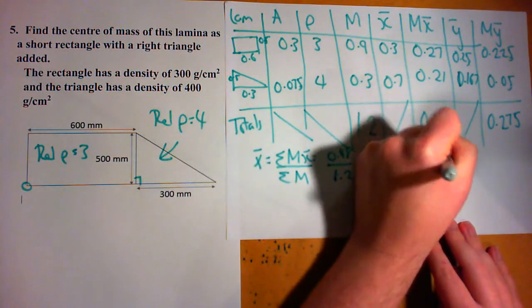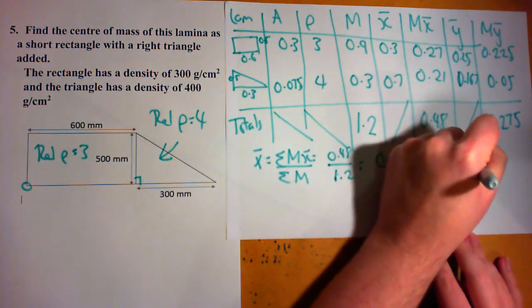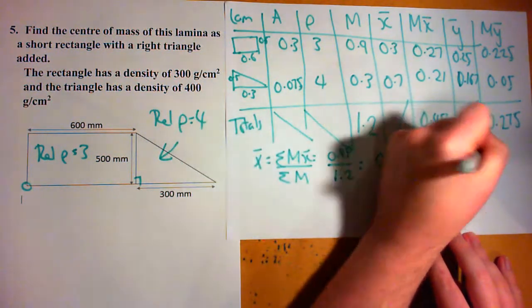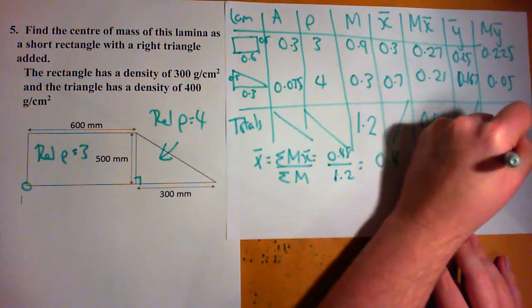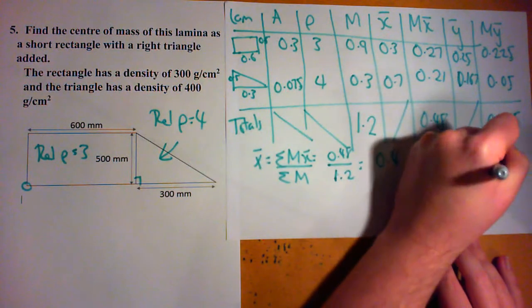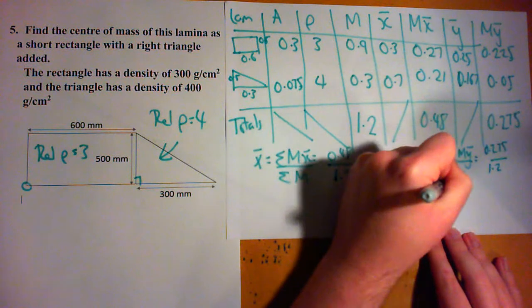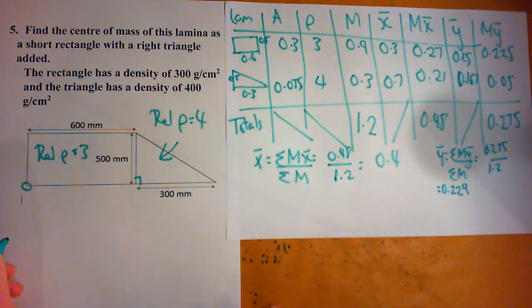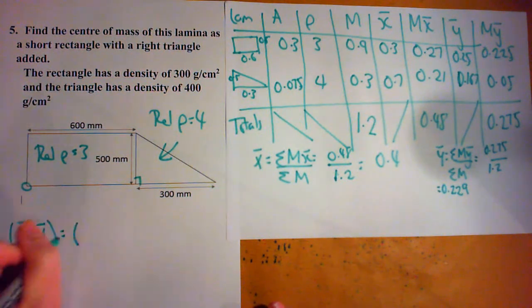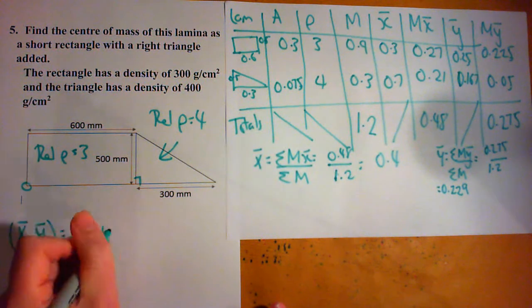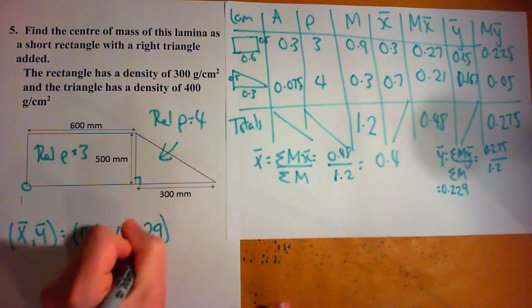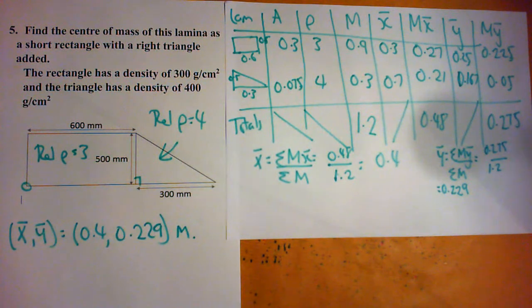And y bar is sum of the m y bars divided by sum of the m, giving you 0.275 divided by 1.2, which is 0.229. So our position of the centre of mass of this lamina is x bar was 0.4 and y bar was 0.229. We're working in units of metres here.